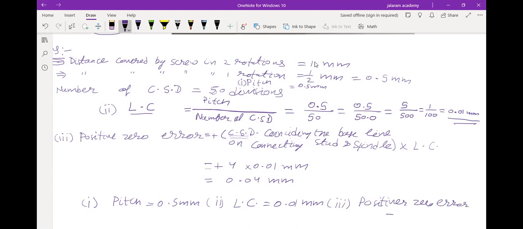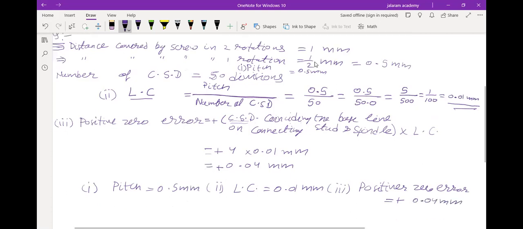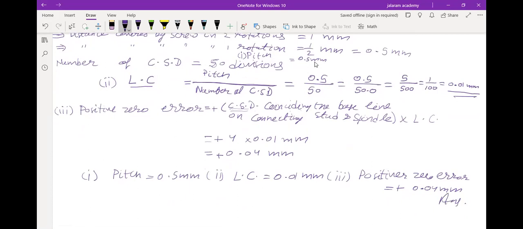If we write positive zero error, it is also not wrong, but always apply the plus sign to represent positive zero error. Is that clear to you? Then write the answer. That's it. Understood?